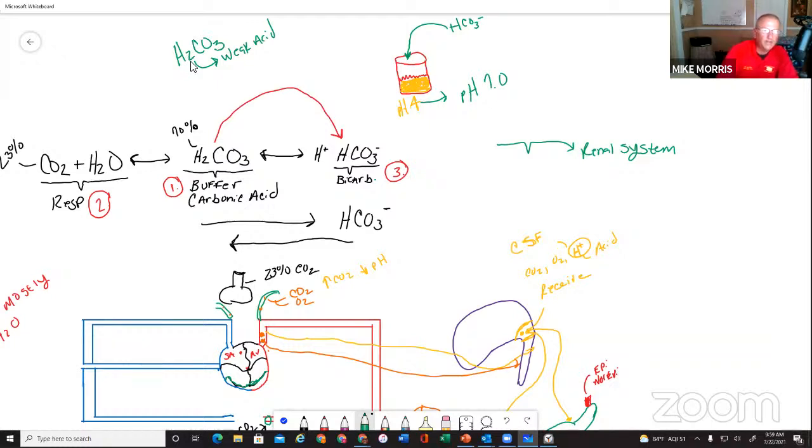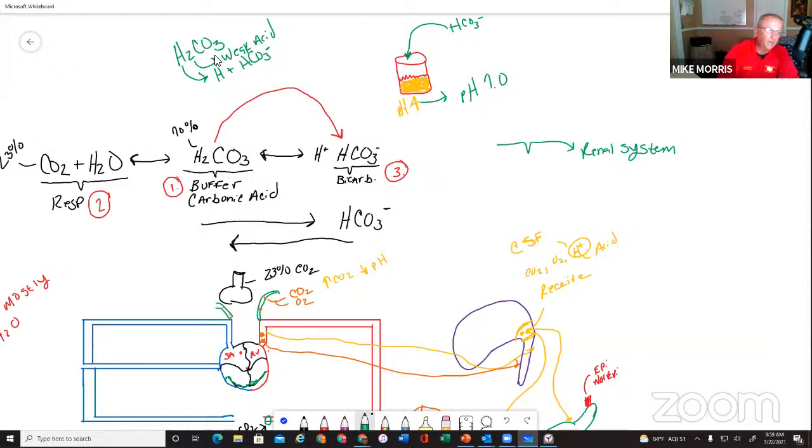And so it's real easy for me to separate this hydrogen out to make it just H by itself and then have HCO3 minus, which is bicarbonate. It's a weak acid. Basically think about it like this.